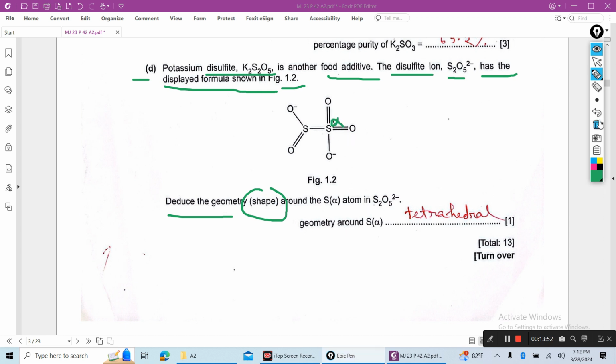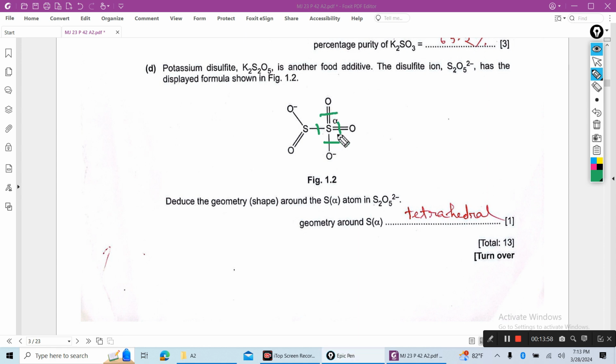You see how many bonds are present: 1, 2, 3, 4. Around the sulfur atom there are 4 bonds. 4 bonds means the geometry or shape will be tetrahedral, and you know a double bond in shape behaves as a single electron pair. So total 4 pairs of electrons surround the sulfur atom. So this shape will be tetrahedral.